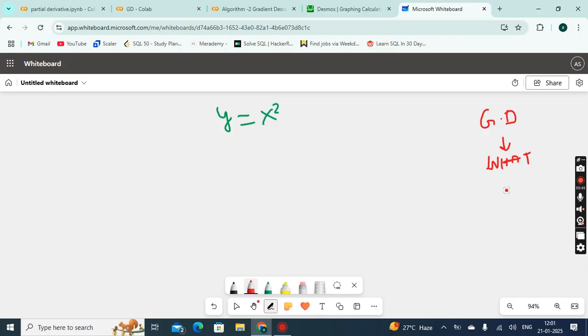I hope everyone is clear with what gradient descent is. We have been studying this for the last 1 hour. Slope in mathematics is derivative in machine learning, and when you give a collection of derivatives together, it becomes the gradient descent. So what part is clear?